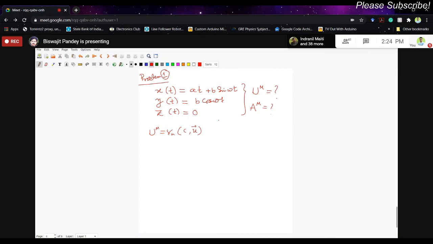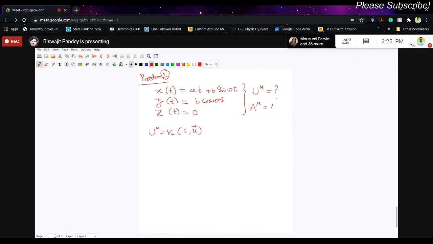So you just have to take derivatives, because you need the three spatial components of the three velocity, and of course gamma_u, another factor. Calculate the magnitude of u in terms of a, b, and omega, that you can do.